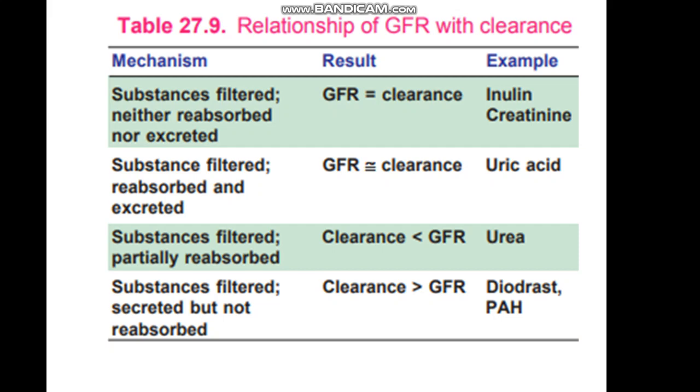You can also say clearance estimates the amount of plasma that must have passed through the glomeruli per minute with complete removal of that substance actually appearing in the urine.